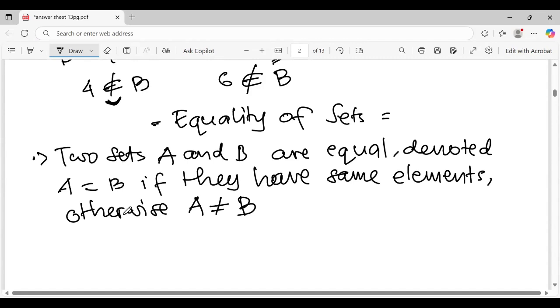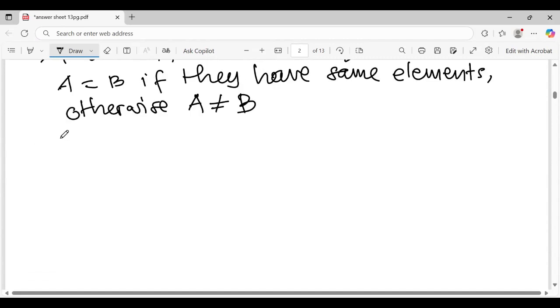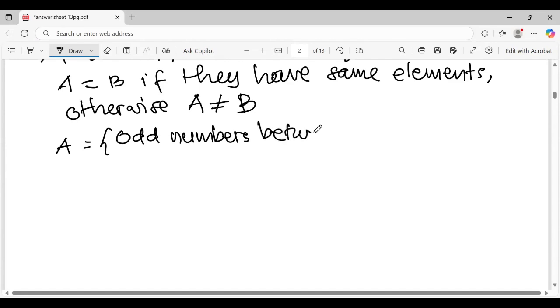For example, set A elements are the odd numbers between 4 and 8. So A's elements are 5 and 7.